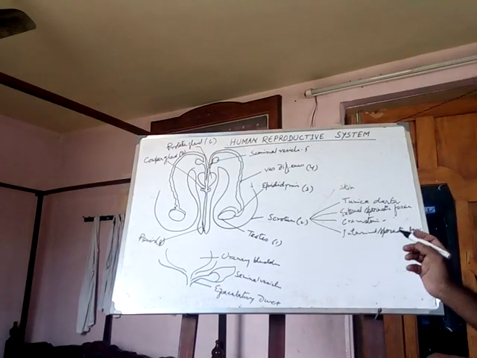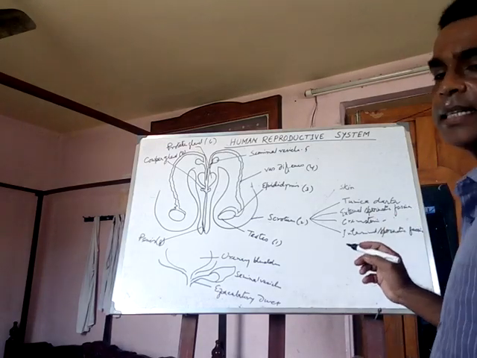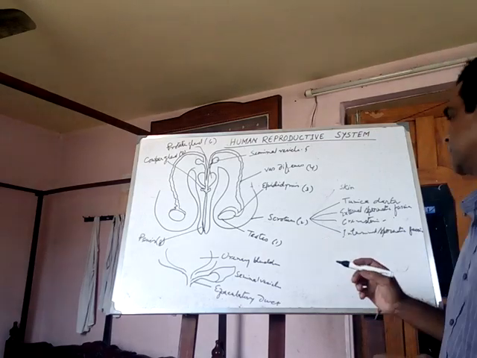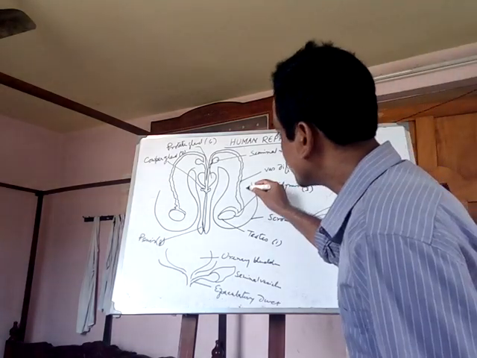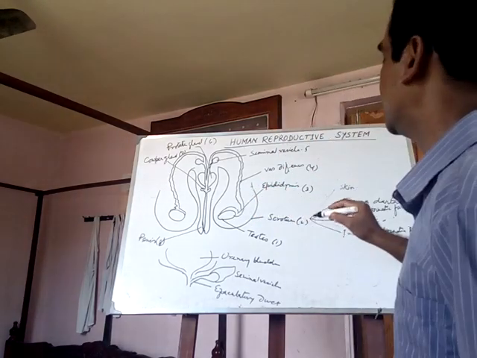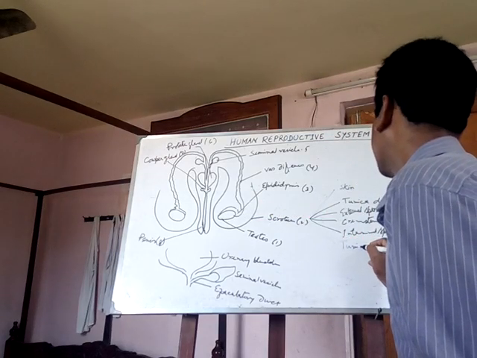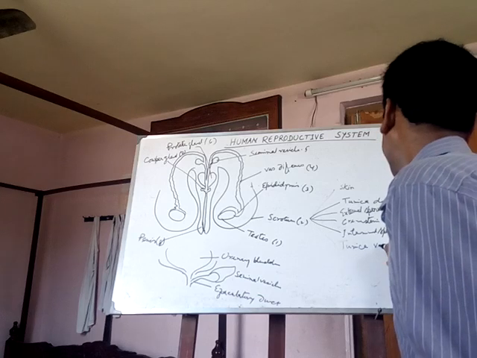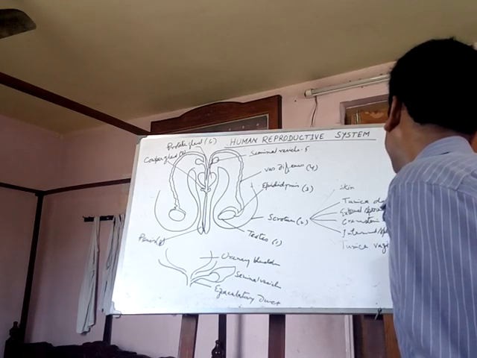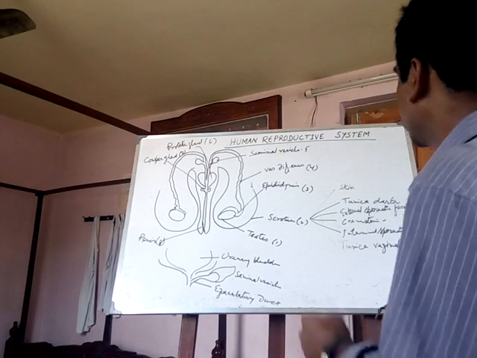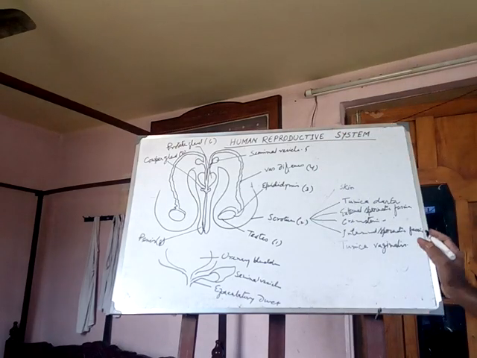There are 5 layers, and next, the internal layer is called the tunica vaginalis.